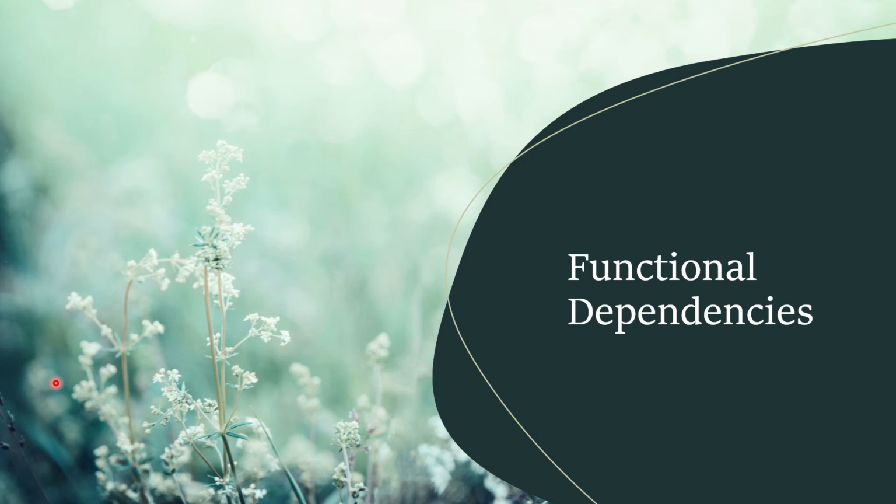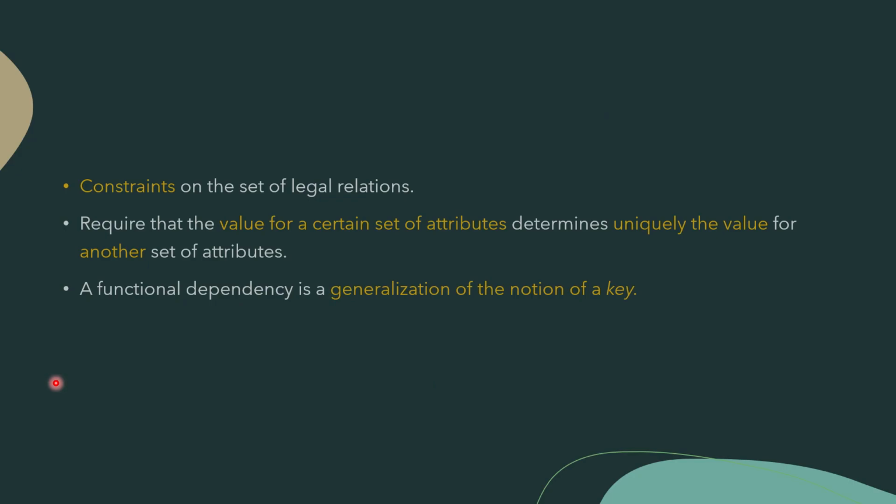and here we are going to study more details about it. We can say that a functional dependency is a constraint on a set of legal relations. That is, if a database is given as different relations, a functional dependency is a set of conditions that specifies whether the particular relation is legal or not.